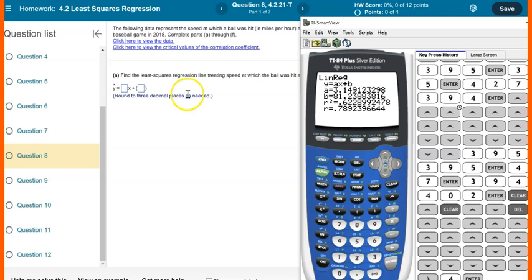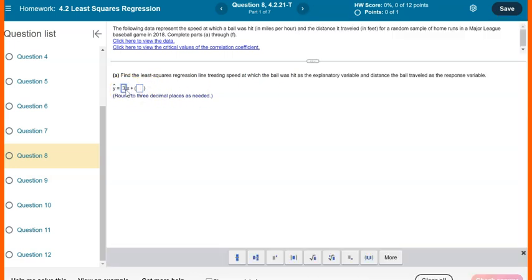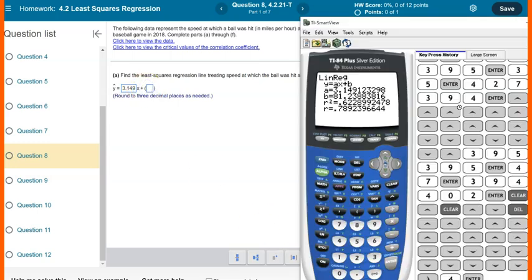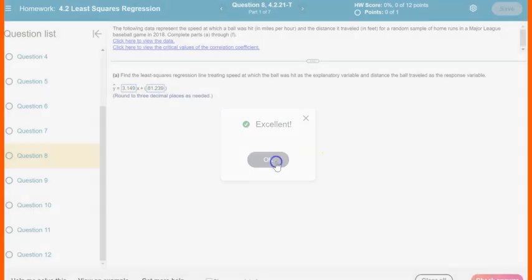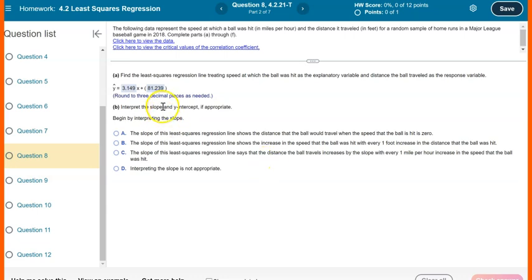Let me type here 3.149, and the y-intercept must be 81.239. Remember that, because this 8, if you round it to 3 decimal places, it's going to be 9. 81.239. Check answer. Excellent.